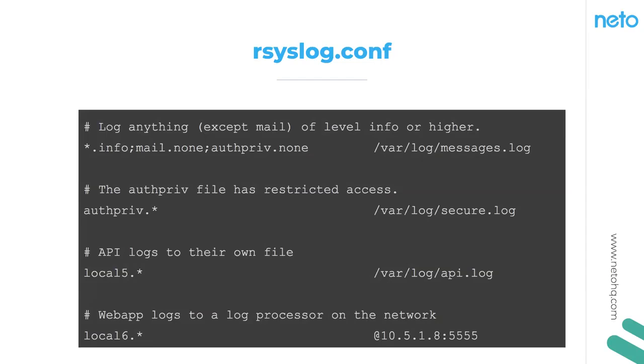I want all the API logs. So I've already told Monolog that I want all the API logs to go through the local 5 facility. Our syslog is going to go, cool, I've got that. Now I'm going to save it to var log api.log. It also gives the ability to send off to remote servers, things like that, so you can process off machine.